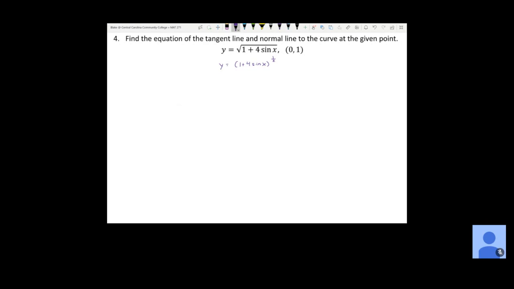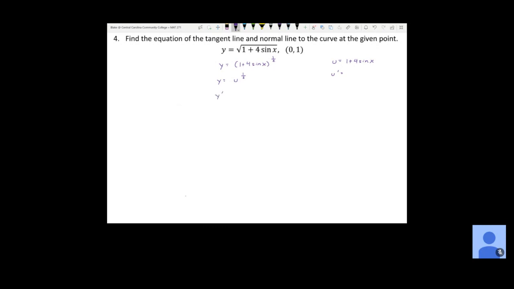It's going to be a power rule with a chain rule because there is an inside function here. So if you want to do a u substitution, we'll just let u be everything on the inside here. So 1 plus 4 sine x. I'm going to rewrite this as just u to the 1/2 power.